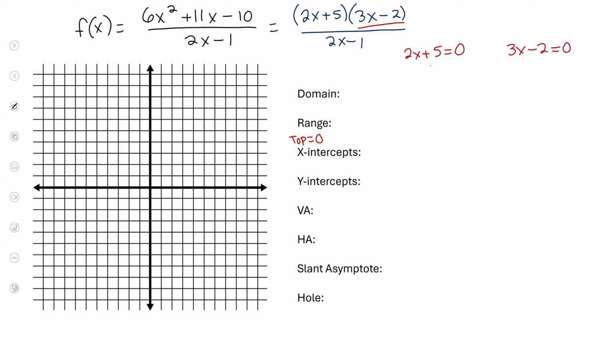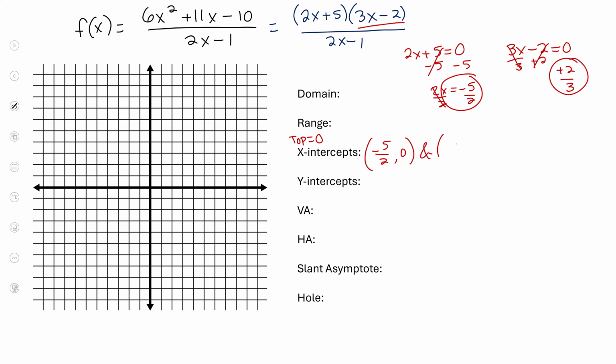And then you just solve. So subtract 5, you get 2x equals negative 5, then divide by 2. So this is one of them. And then add 2, divide by 3. This is the other one. So your x-intercepts are negative 5/2 and 2/3.